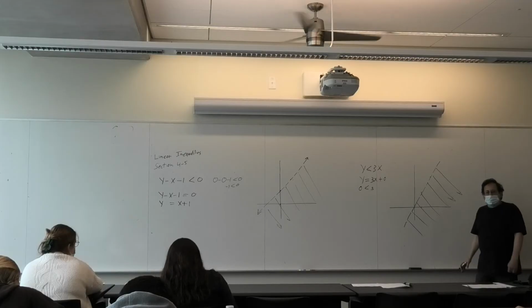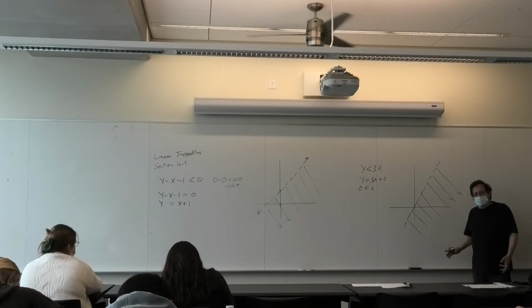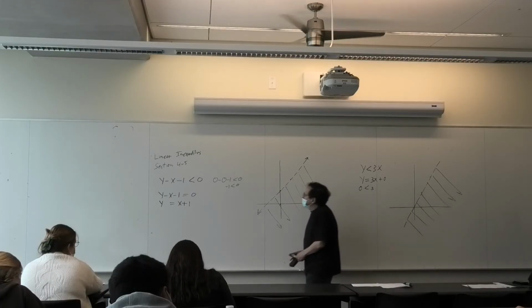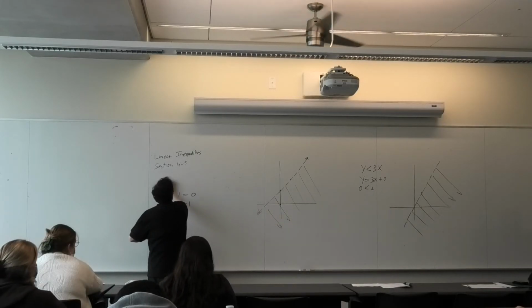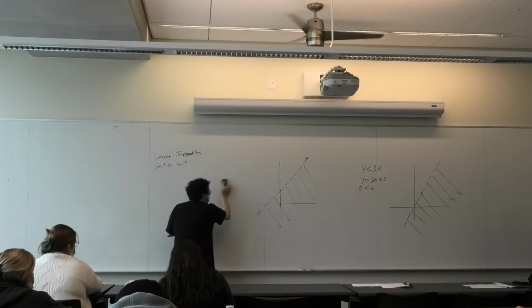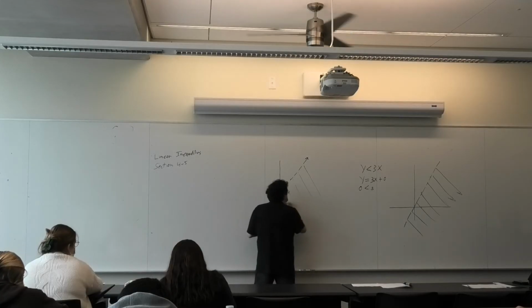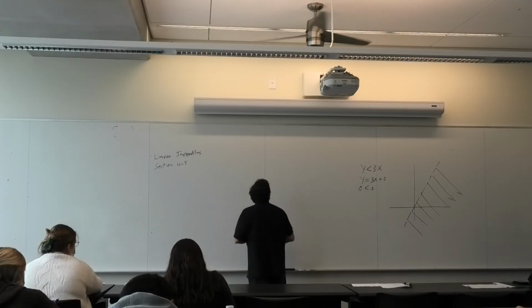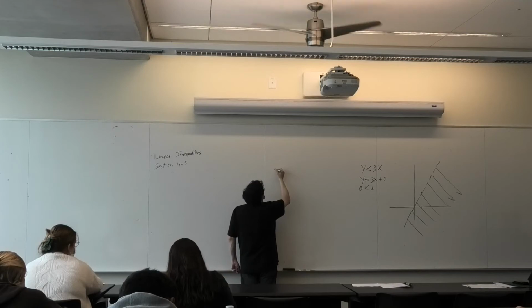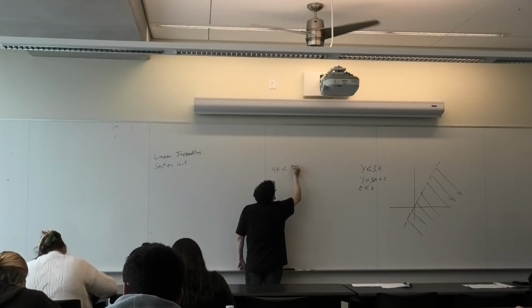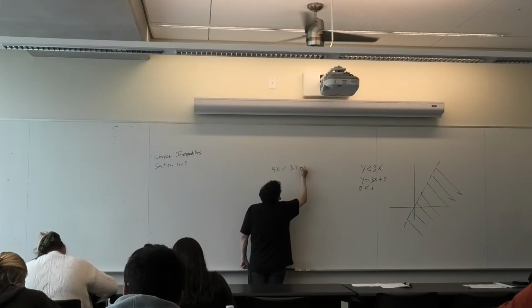There's not that much to this once you have that down. Why don't you try, take out a piece of paper or whatever you have available. I think we only have a couple minutes, but I don't know. 4x less than 3y minus 2.